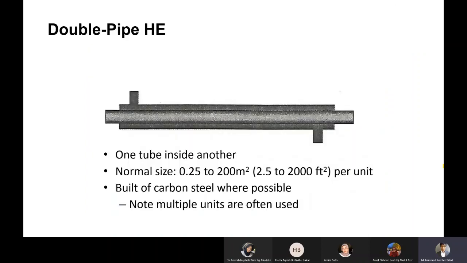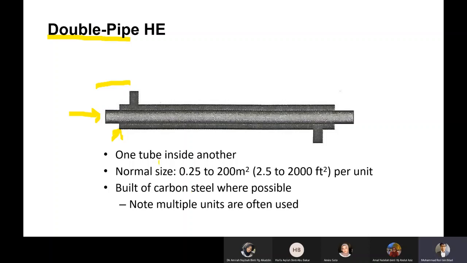So the other type is the double pipe heat exchanger. The name explains itself. You have two pipes. The first one is the one inside, the tubes, and you have a bigger pipe on the outside.